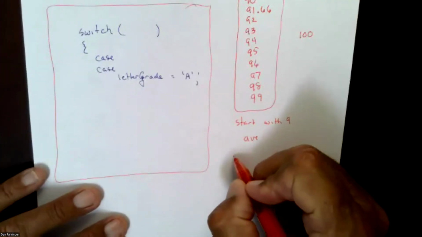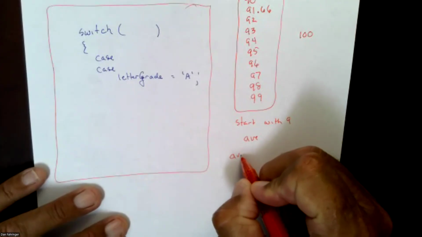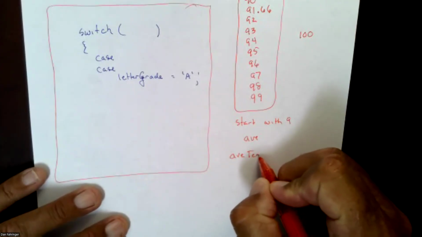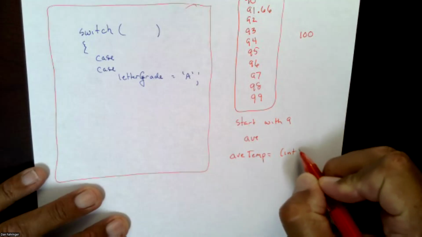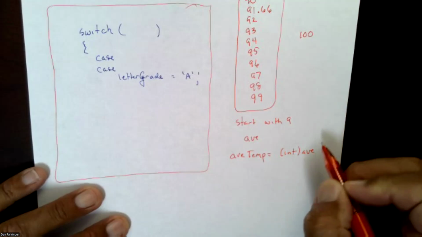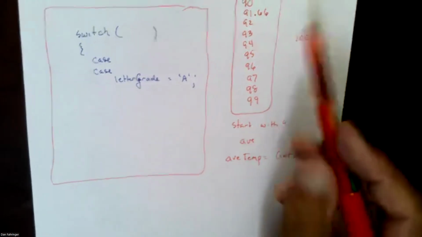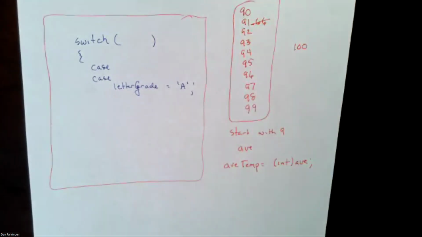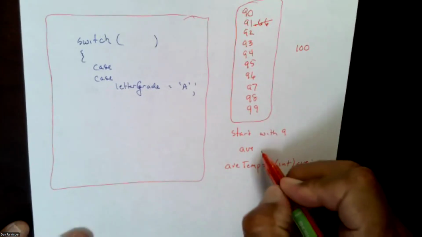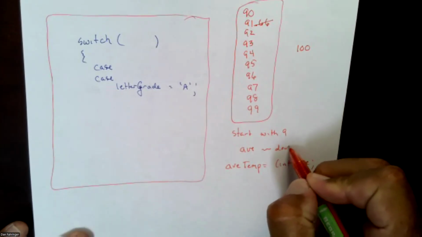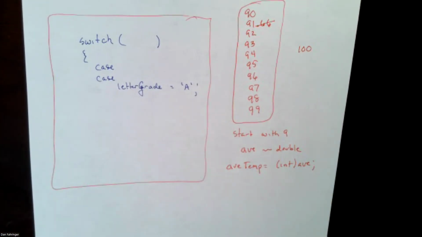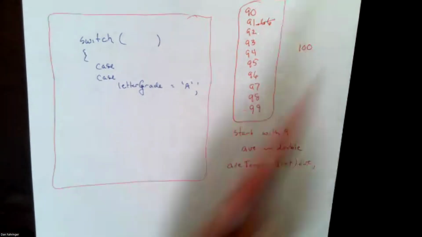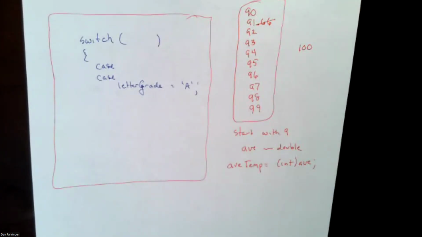So I might want to have a line that says average temp equals int of average. So that would change this one to a 91. I'm going to cast my current average, which is a double, turn it into an integer and store it in average temp. So I took care of all those decimal places.